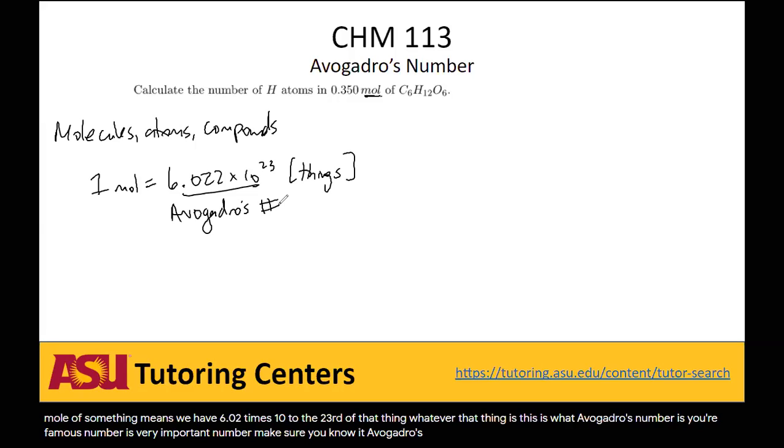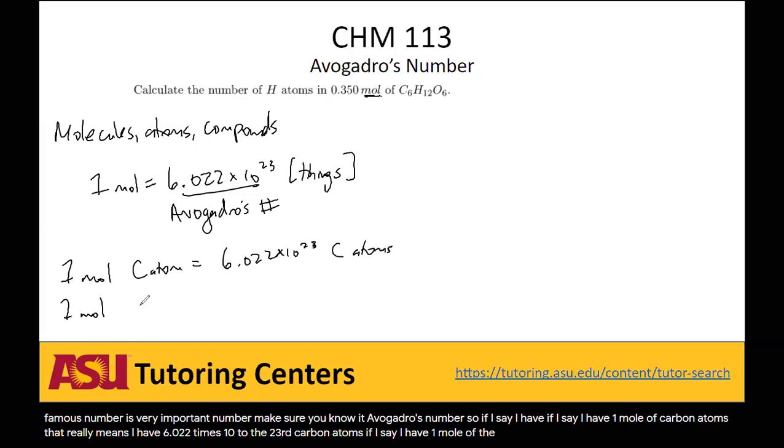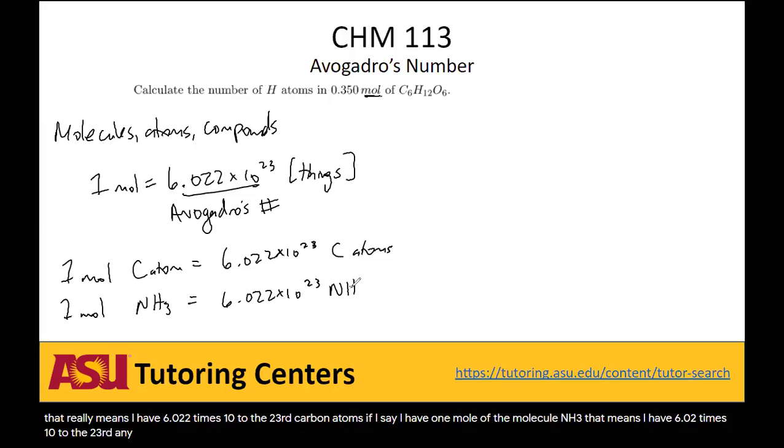Okay, Avogadro's number. So if I say I have 1 mole of carbon atoms, that really means I have 6.022 times 10 to the 23rd carbon atoms. If I say I have 1 mole of the molecule NH3, then that means I have 6.022 times 10 to the 23rd NH3 molecules.